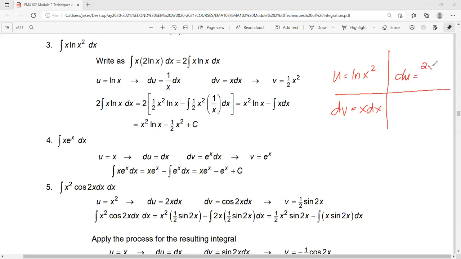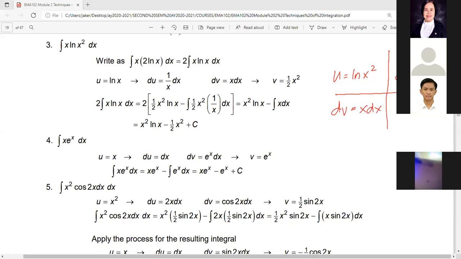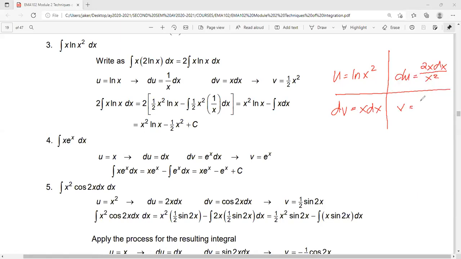Du is 2x dx over the u, which is, sorry, your u is x squared. So 2x dx for the derivative of u, which is x squared, and over u, which is x squared. What about this one? When you integrate that, the v is equal to x squared over 2.